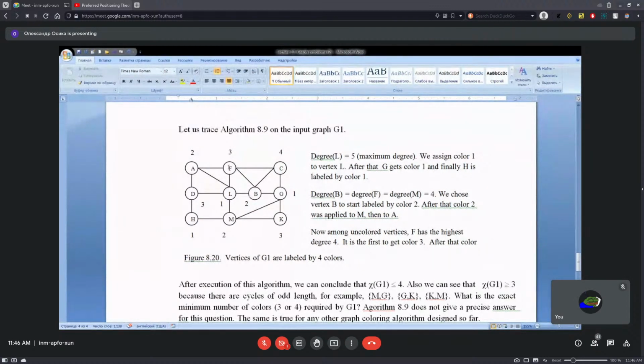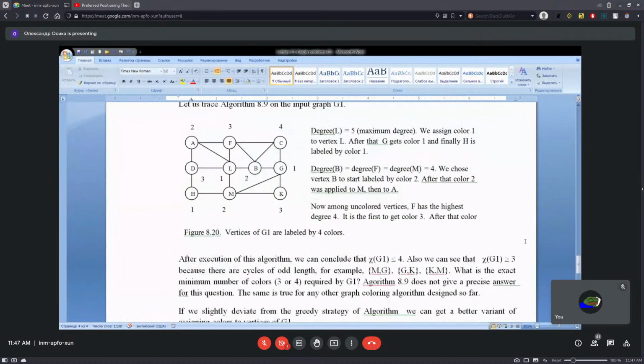B and F are not adjacent to vertices with color 1. We choose vertex B to start, labeled by color 2. After that, M and A get color 2.